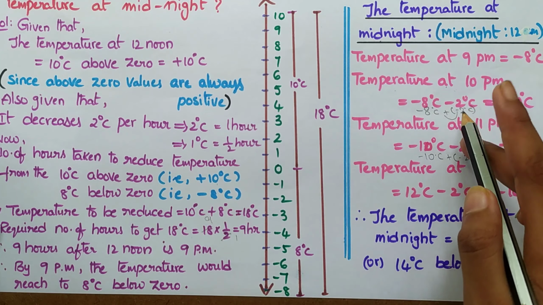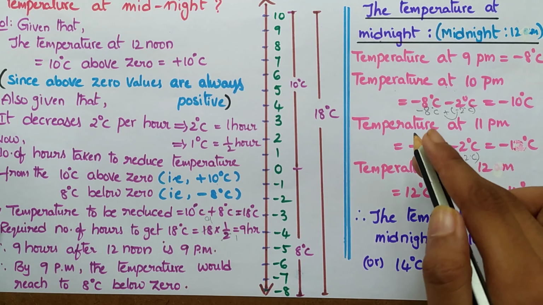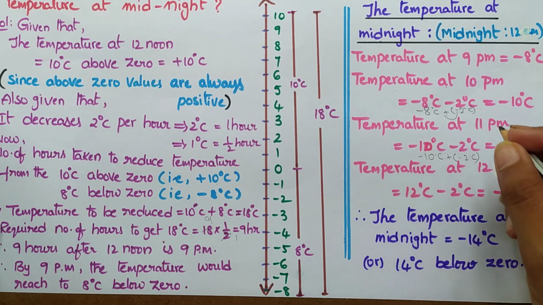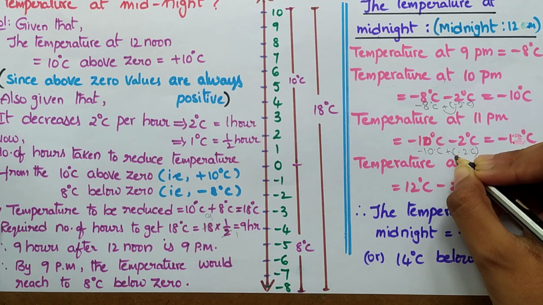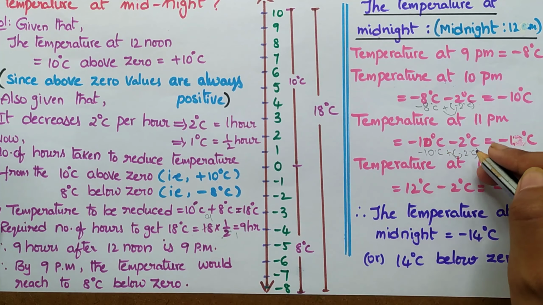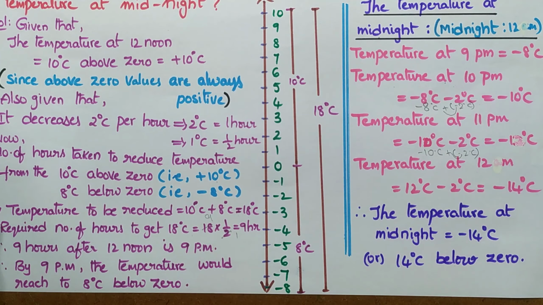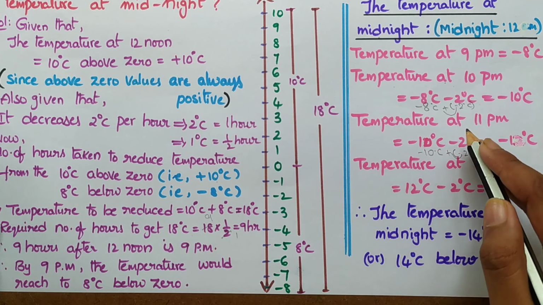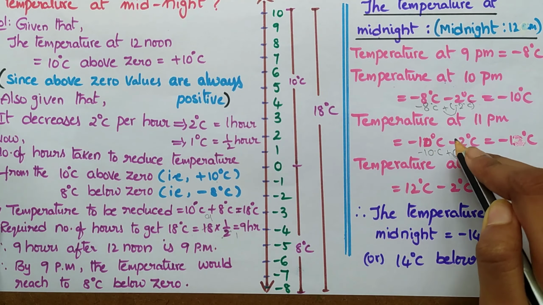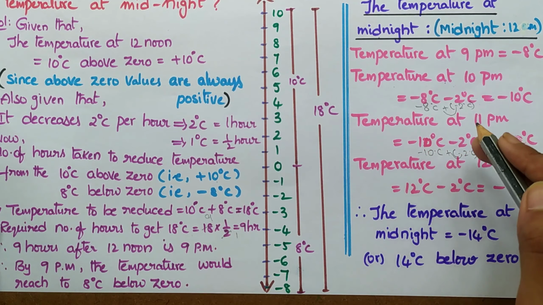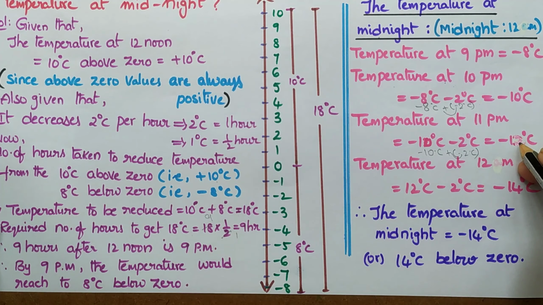Plus into minus is minus, so we put minus and add the integers. 10 plus 2 is 12. So it is minus 12 degrees Celsius.